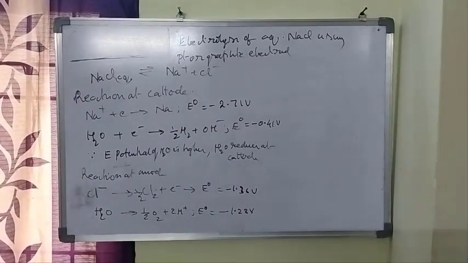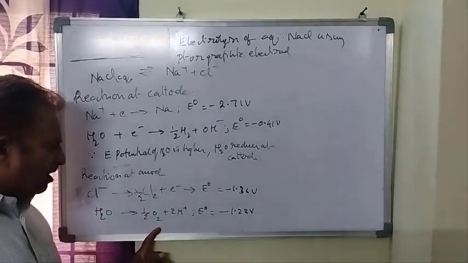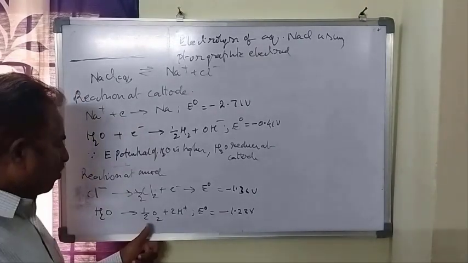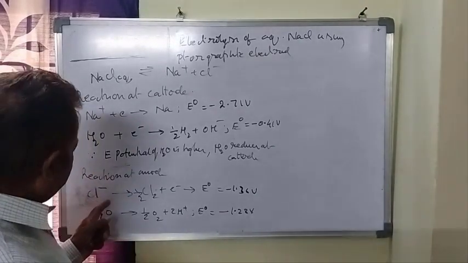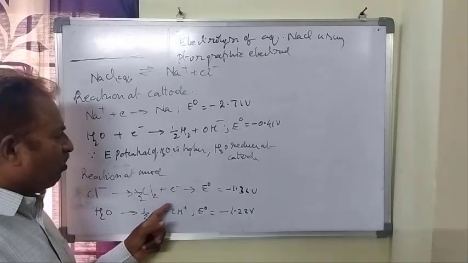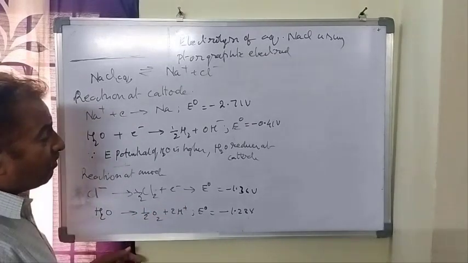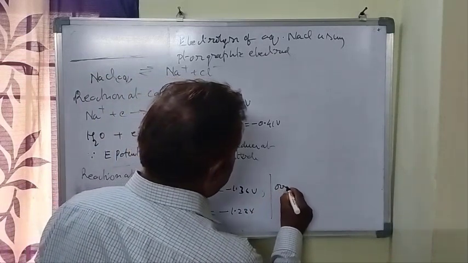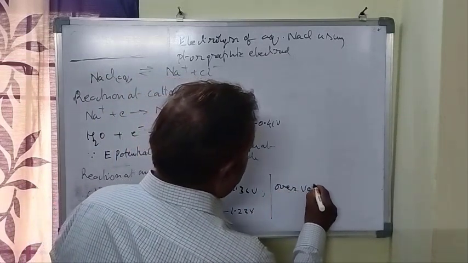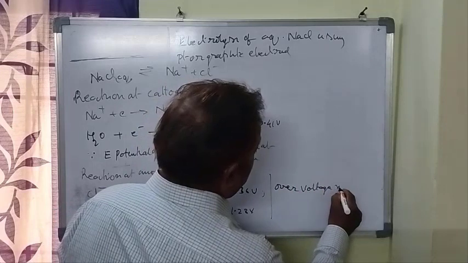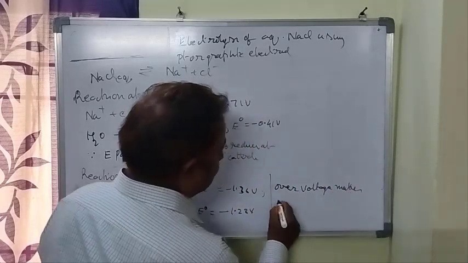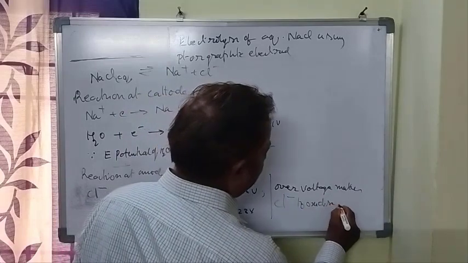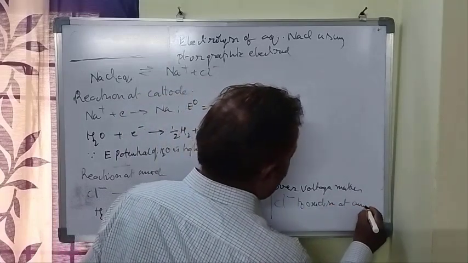So as per the convention, water must oxidize to oxygen, but in practice, instead of water, chlorine preferably oxidizes at the anode because of the overvoltage. So overvoltage also plays an important role. Overvoltage makes Cl- oxidize at the anode.